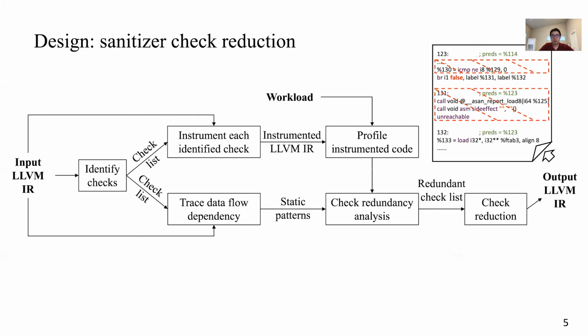Note that we don't remove user checks. Instead, we only prune sanitizer checks in case they are redundant with respect to either user or other sanitizer checks. After that, we set the condition of the redundant check's control flow statement as false, such that the branch of alerting will never be executed, and the redundant code will be removed by dead code elimination in LLVM.